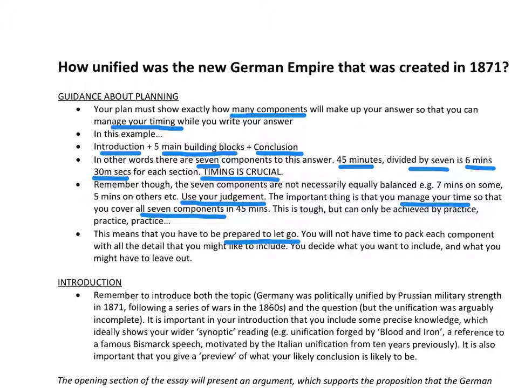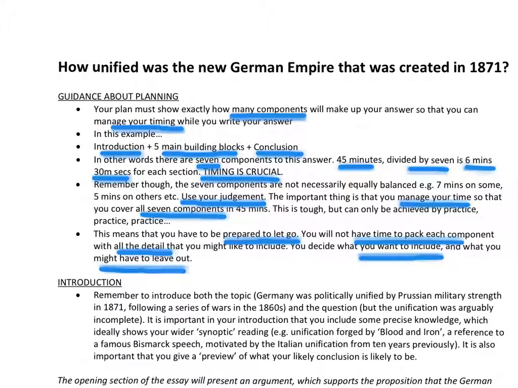Okay, so there's no such thing in history as a perfect answer. So you will not have time to pack each component with all the knowledge that you would like to include. Part of the examination is your ability to prioritise and to get across key points. So you have to decide what you want to include and what you might have to leave out. It's obviously important, therefore, to be very precise in your writing.